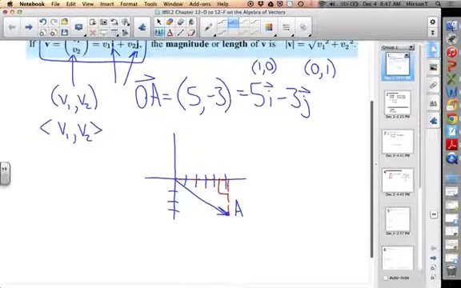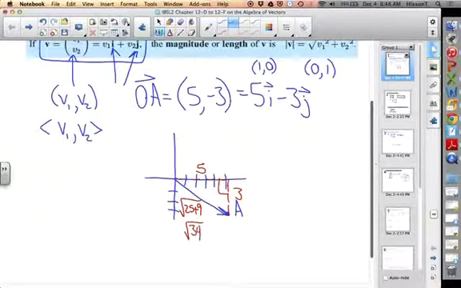The coordinates of A are going to give us the sides of that triangle, 5 and -3. Although, because we're going to square it, you don't even have to include the negative. So you know the Pythagorean theorem, the square root of 25 plus 9, so we have here the square root of 34.